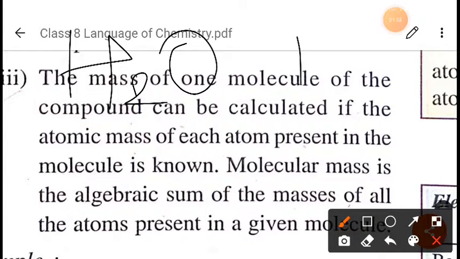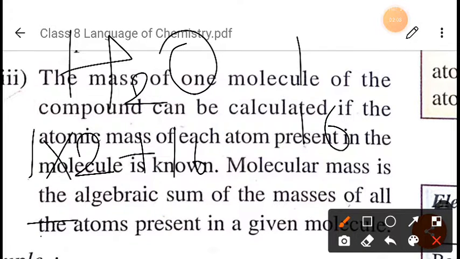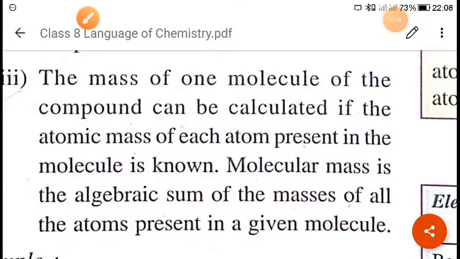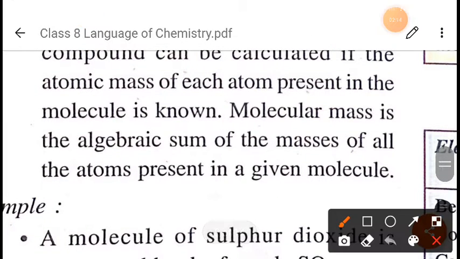Hydrogen has atomic mass 1 and oxygen has 16, so the mass of H2O will be 1 into 2 plus 16, which is 18. In this way we can easily find the mass of a molecule if the mass of each atom is known.